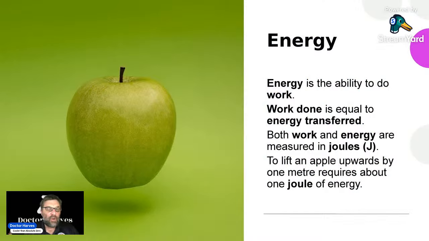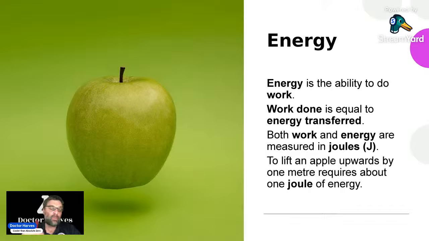So the first thing to look at, making sure you're taking notes for this, is what is energy? Energy is essentially the ability to do work. And work done is going to be the energy transferred. And both work, which is the equation of force times distance, and energy are the same.